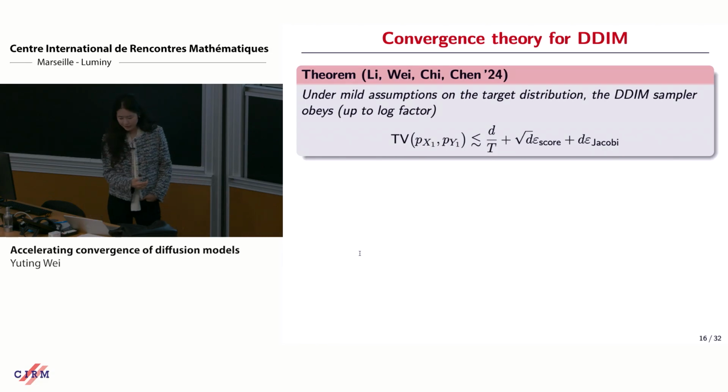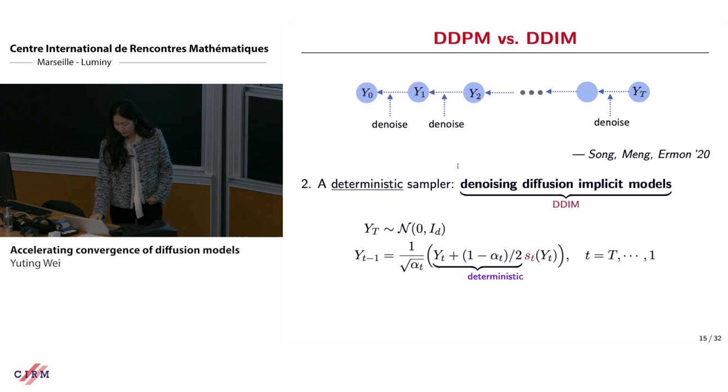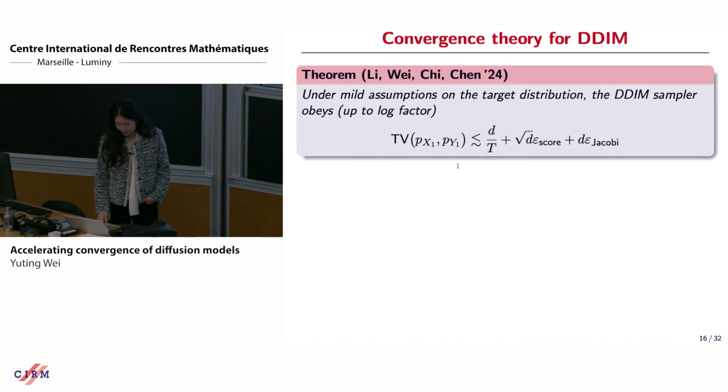The TV distance between P of X_1, remember X_0 is our target distribution, X_1 is the target distribution with a slight amount of noise. So actually P_X0 and P_X1 are very close to each other. And your Y_1 is the one generated from the DDIM. It's an iterative procedure. You run this until Y_1. All right, it's bounded by three terms.